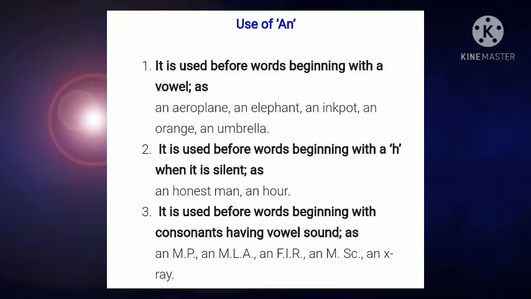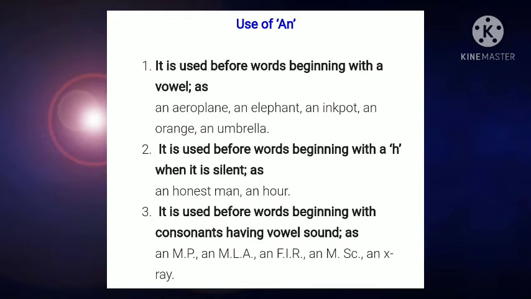The second condition is that it is used before words beginning with H when it is silent. Whenever you say honest man, the H is silent and it sounds like O, so you have to use the article an.